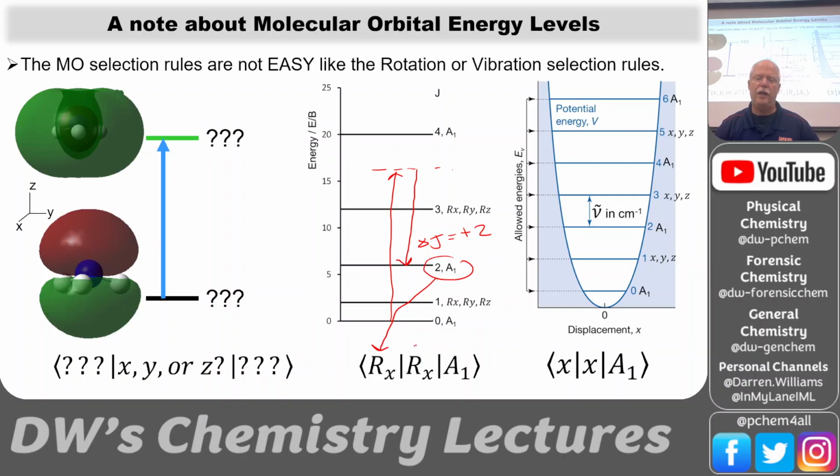So what would we need here to make that the case? We have A1 on both ends. What do we have to have here, symmetry-wise? If I want this to be non-zero, I have to have an A1 in the middle.